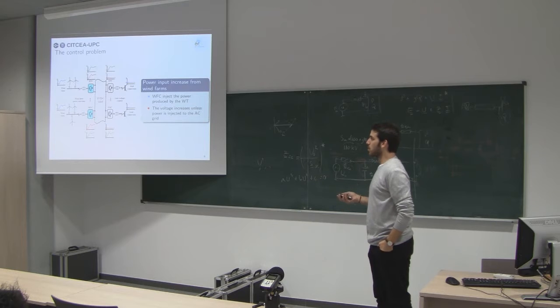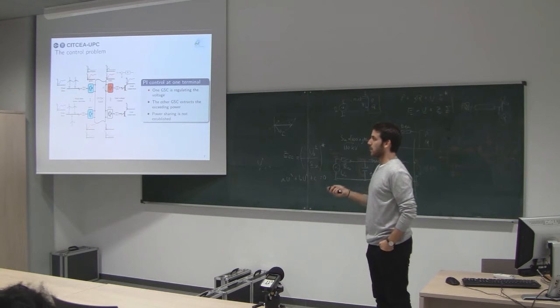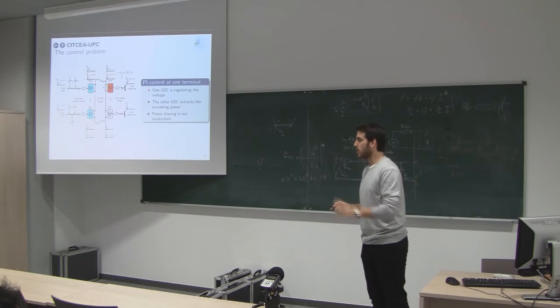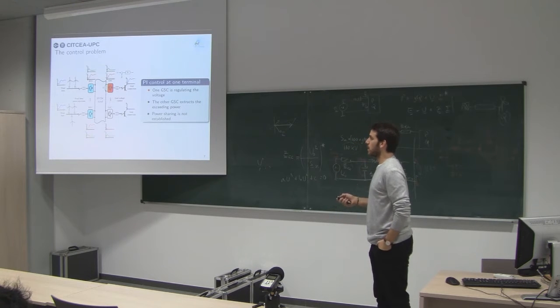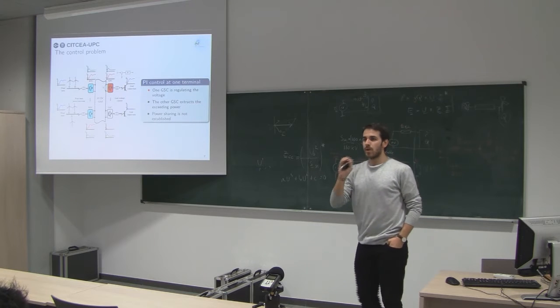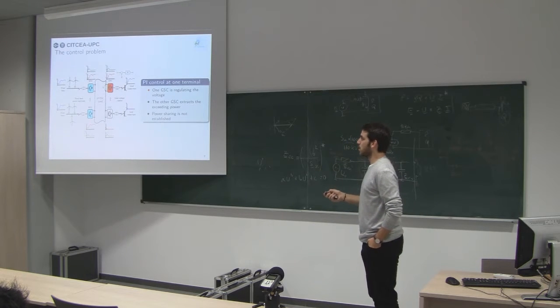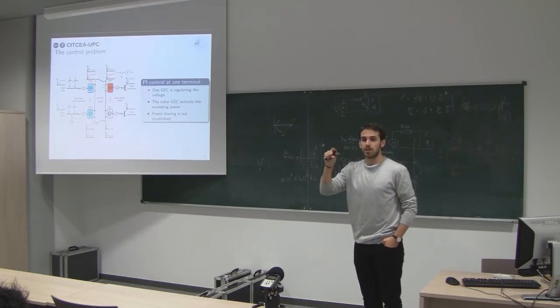There are different proposals here. One of the proposals is, for example, what Raza explained for the AC hub, but this is for the DC side, for the DC multi-terminal grid. One proposal is to regulate the voltage from one terminal. We are using just this red terminal, maintaining the whole voltage there.